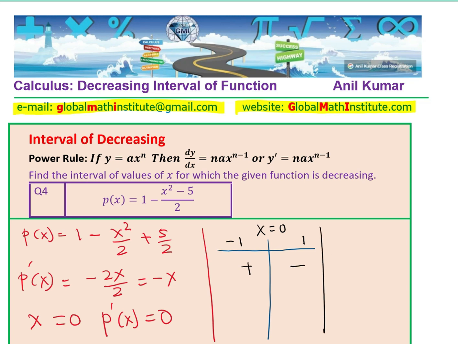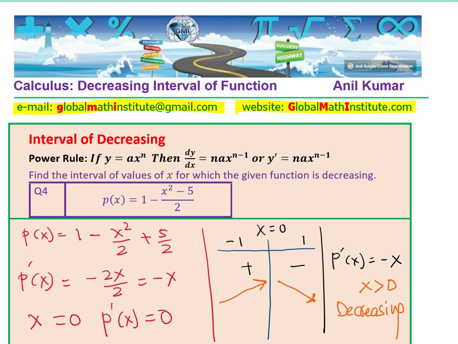So in minus x, if I substitute minus 1, I get a positive value, perfect? And therefore, the function is increasing in the interval to the left of origin and decreasing to the right of origin. And therefore, the interval is x greater than 0 for decreasing. Is that clear to you?